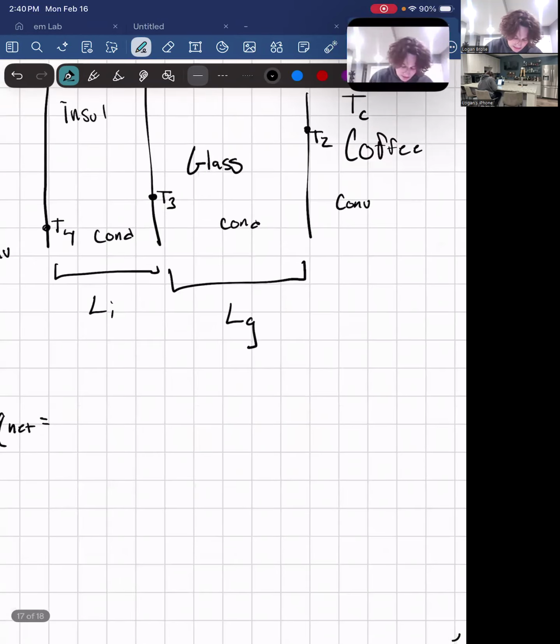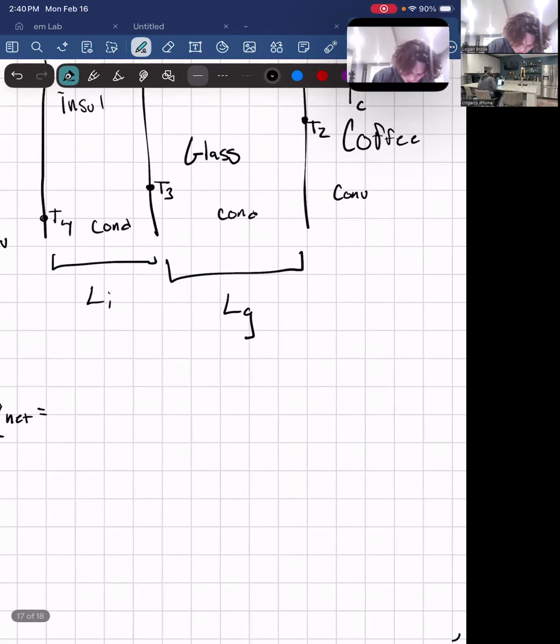So if we start on this side, we have our Q coffee, which equals our Q glass, which is our Q insulation, which is our Q air, right?